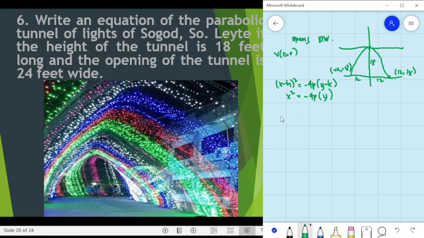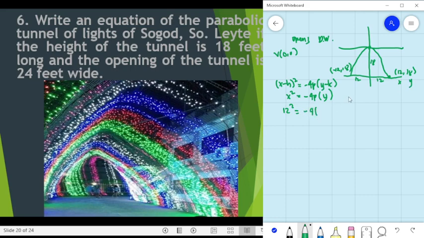Since the points on the parabola are 12, 18 and -12, 18, we are going to take 12, 18. So our x is 12 and y is 18. Replace x with 12 squared, 12 then squared, then -4.